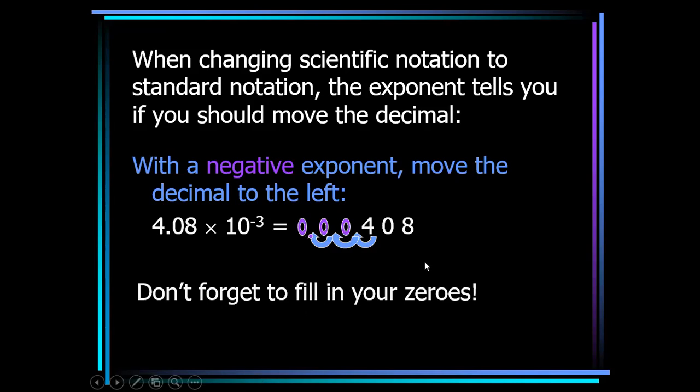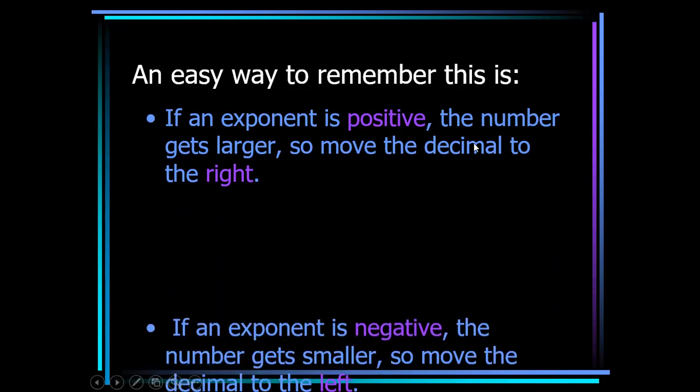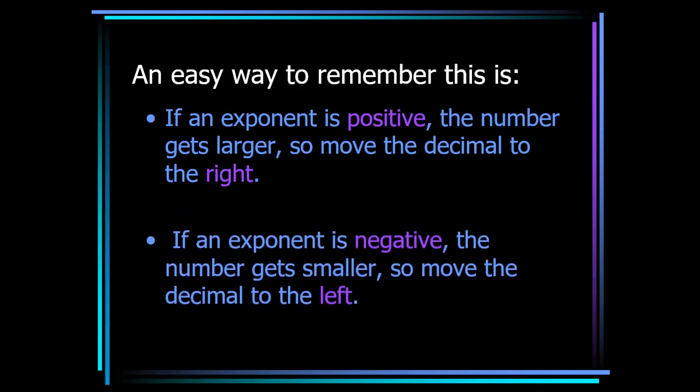Again, for a positive exponent, go right. For a negative exponent or power, go left. An easy way: if an exponent is positive, the number gets larger and you move the decimal to the right. Simple, right? Positive for a big number, go right. Negative, it gets smaller, go to the left.